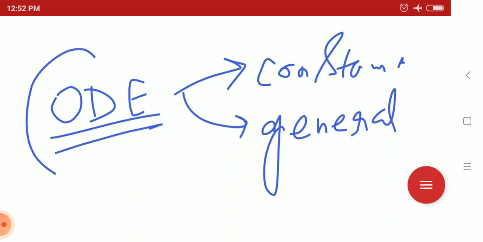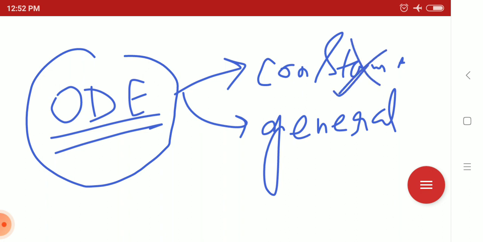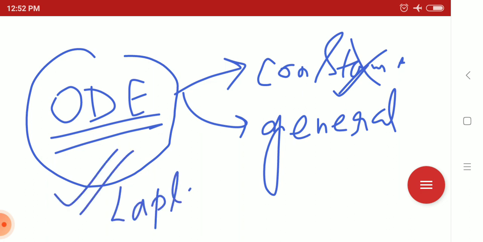But without calculating these arbitrary constants, you can get the general solution. You can solve that ordinary equation by using only Laplace transformation.